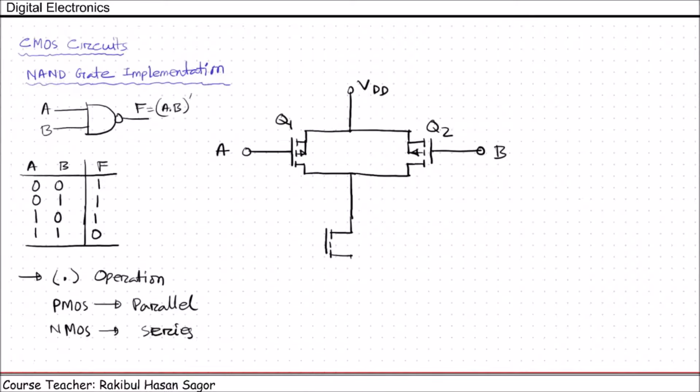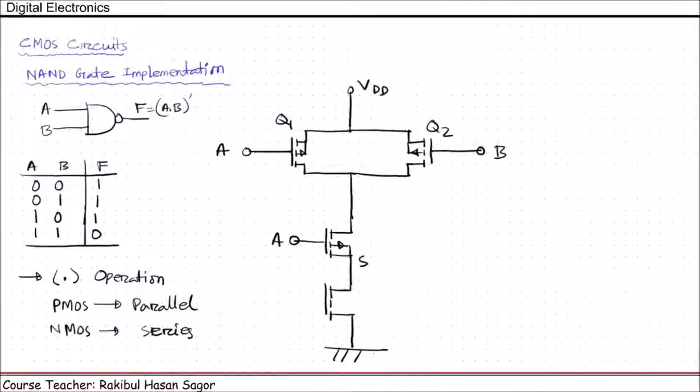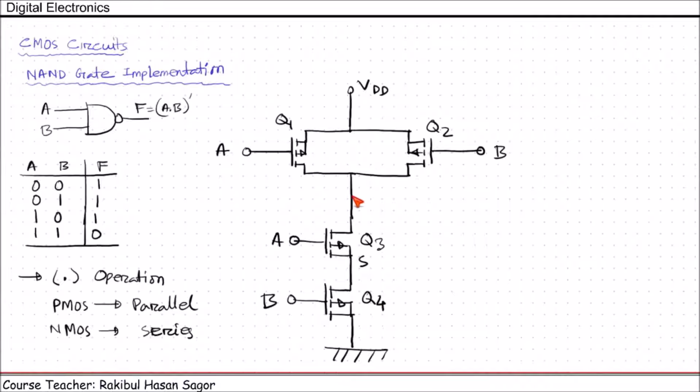This is the source side, and this is A, and another NMOS will be connected in series, and this side will be connected with the ground, and this is another input B. Let us name these Q3 and Q4. The output will be taken from here, which is F.